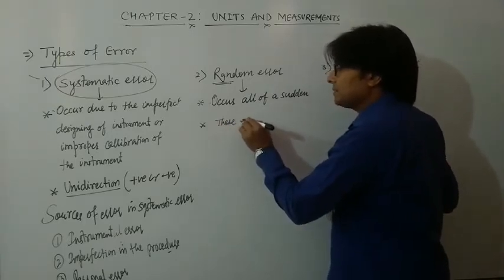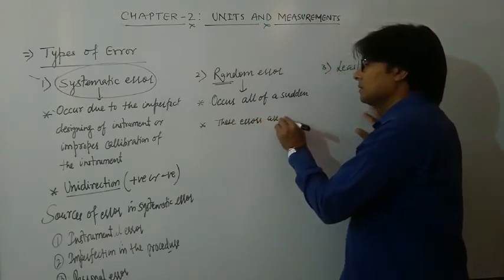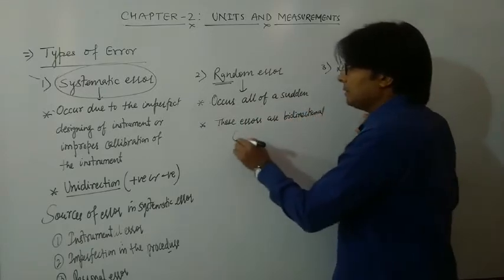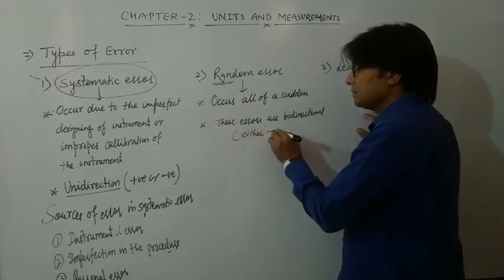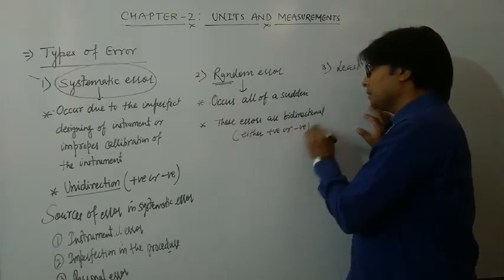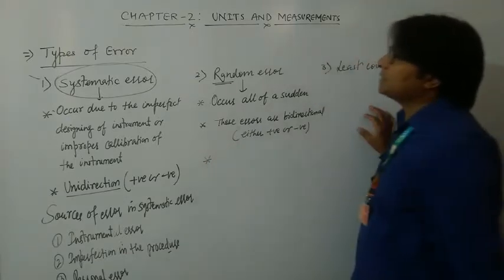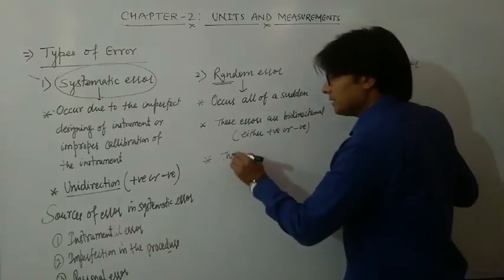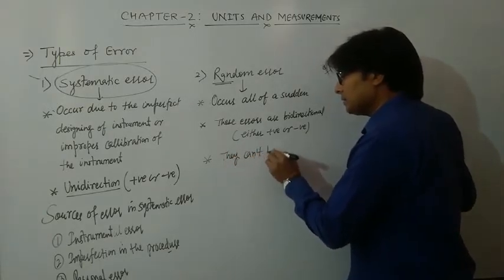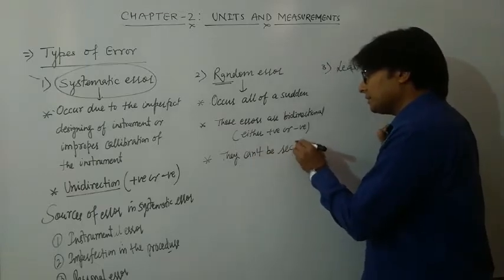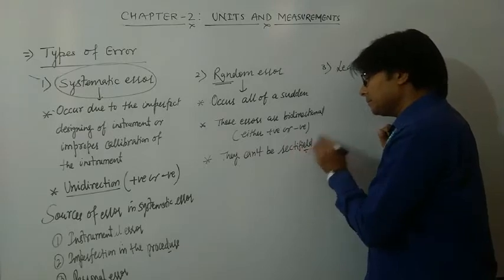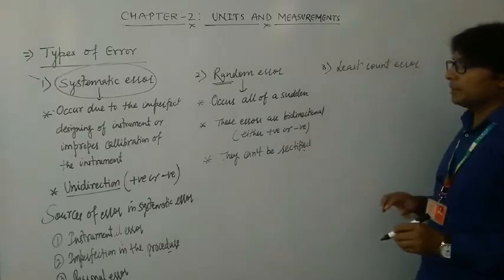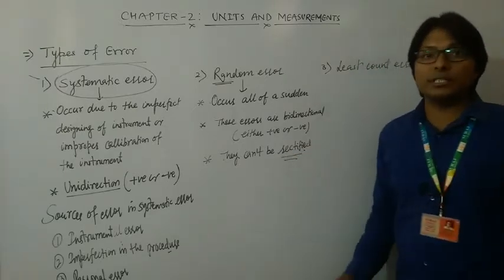Another thing about random errors is that they cannot be corrected or rectified; we cannot improve or avoid such errors.